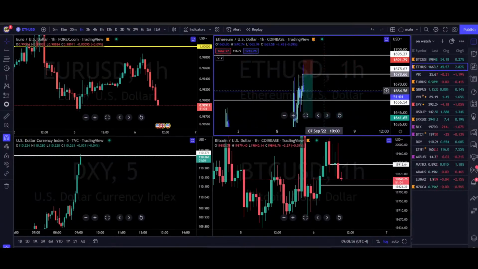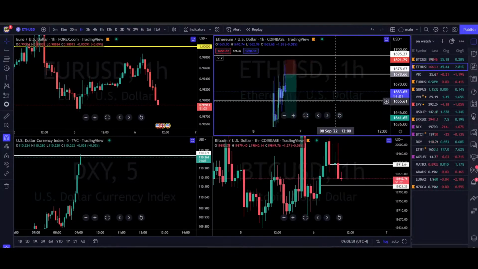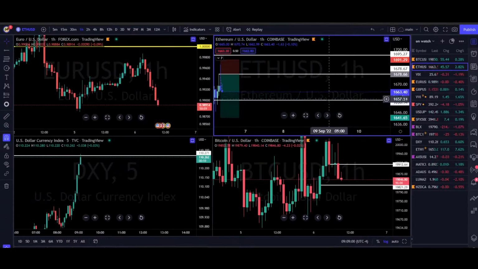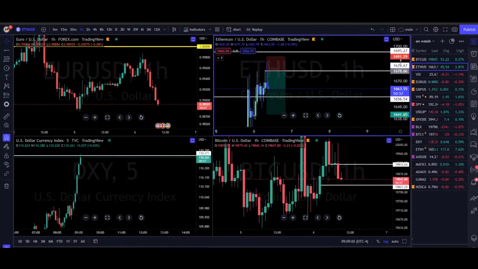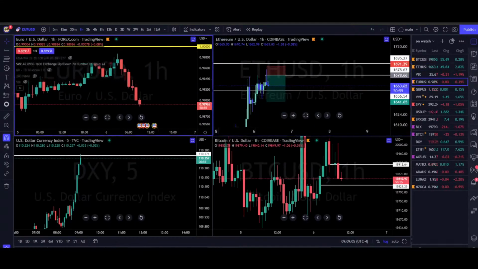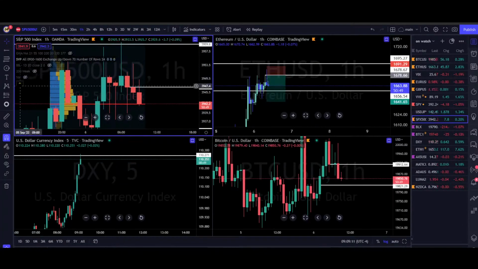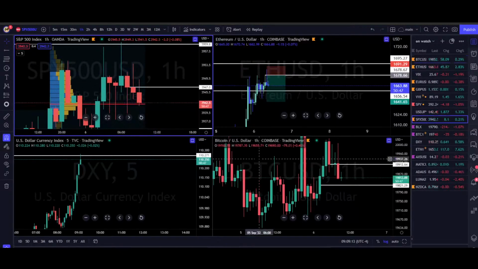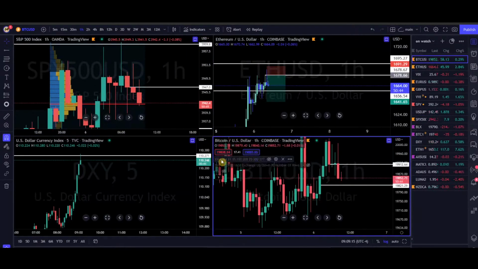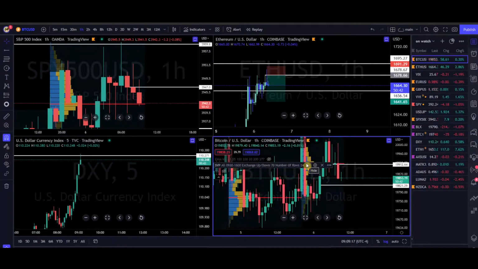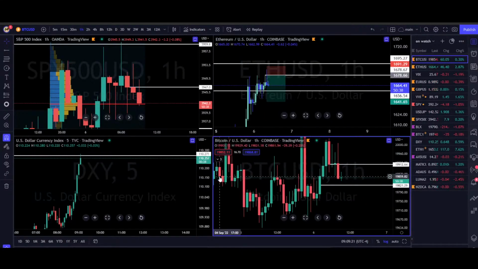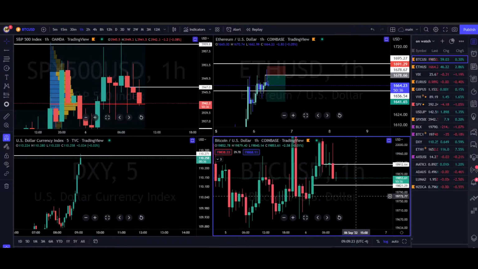Oh, that's that daily supply. SPX moving into the point of control. It does not mean that we'll find support there. Bitcoin's point of control is there, so it's not looking good for the long.